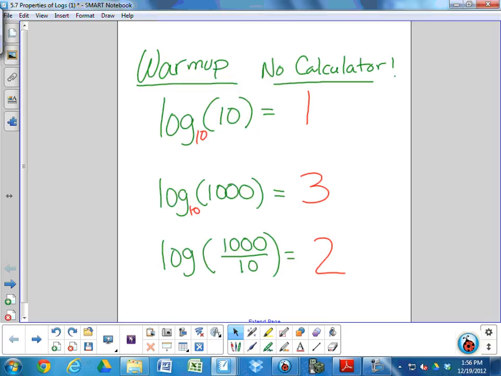When you log something, you're finding the exponent that makes it true, right? So could we rewrite 1,000 as 10 to a power, 10 to the third? Could we rewrite 10 as 10 to the first?